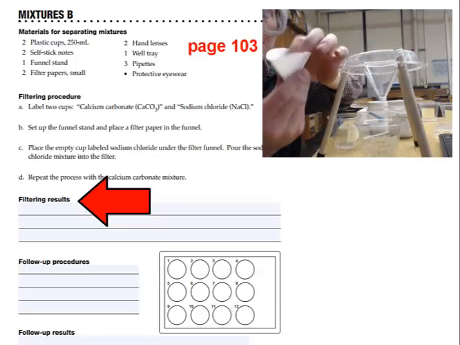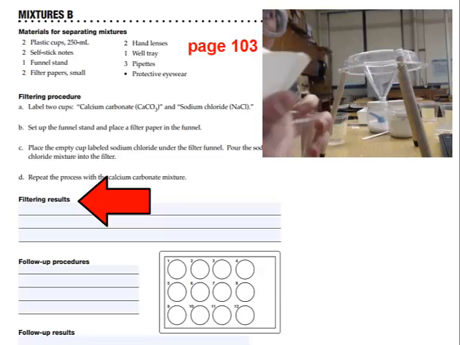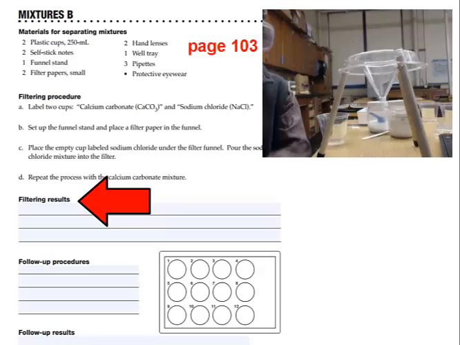When you've finished filtering the sodium chloride, you're going to take your sodium chloride filter, place it in the empty sodium chloride cup, and set it aside.